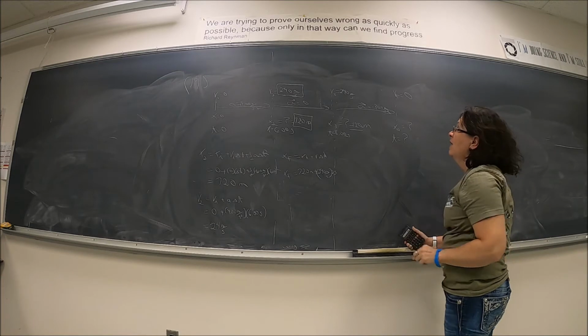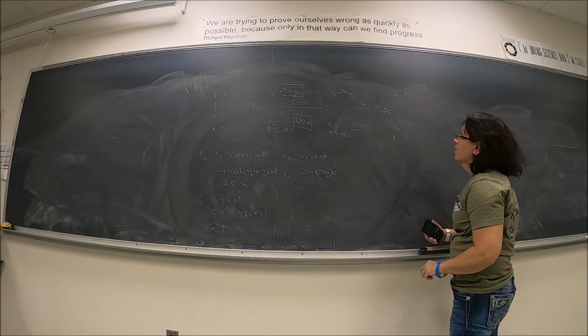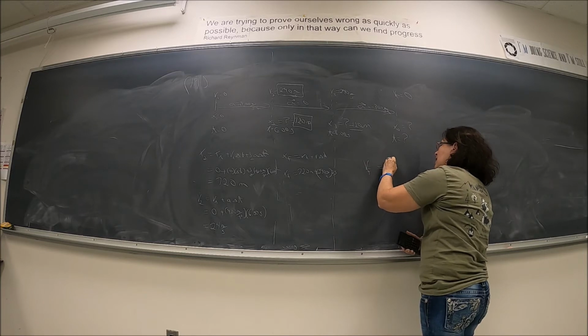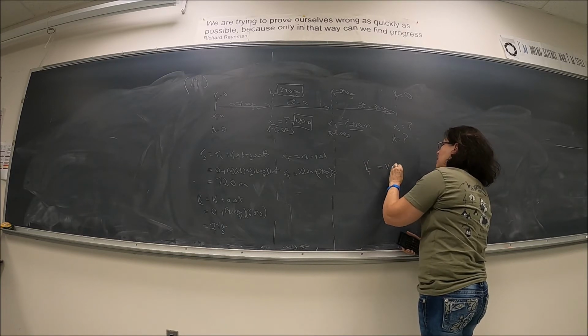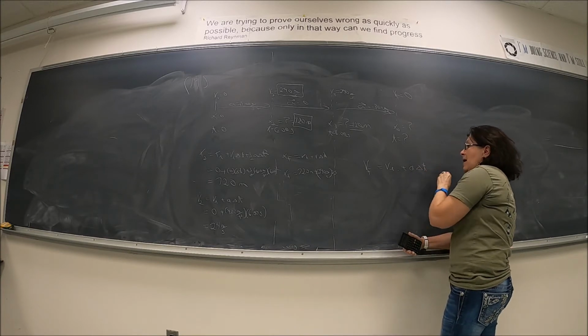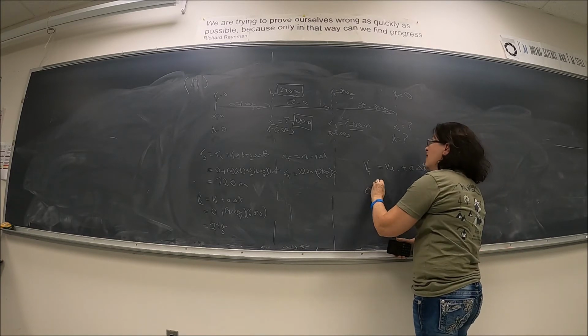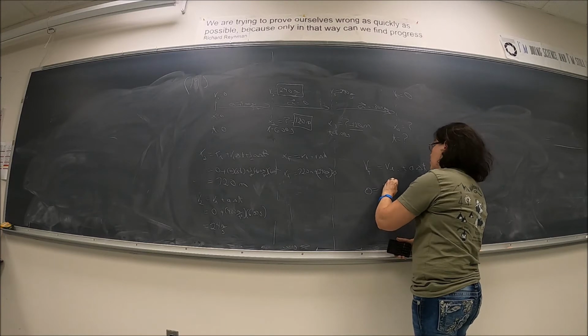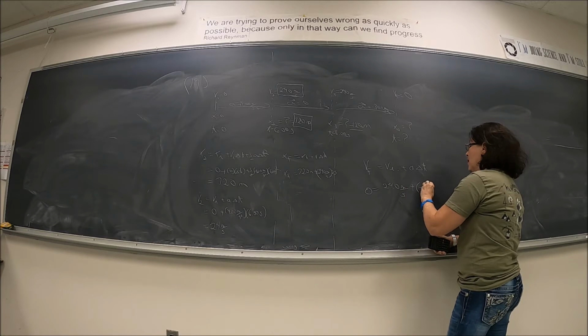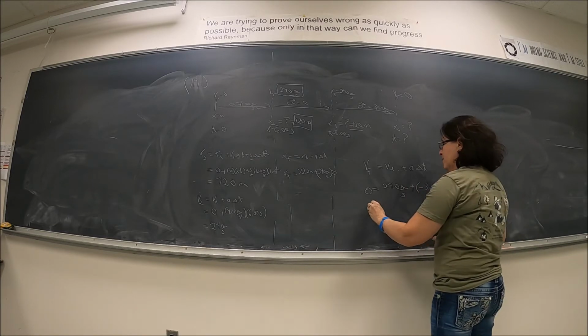Now, I know v final is 0. So I can use v final equals v initial plus a delta t to allow me to get my time. So 0 is equal to 24 meters per second plus a, minus 3 meters per second squared, delta t.